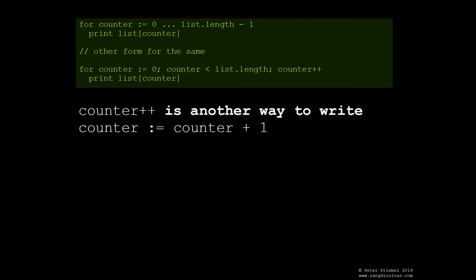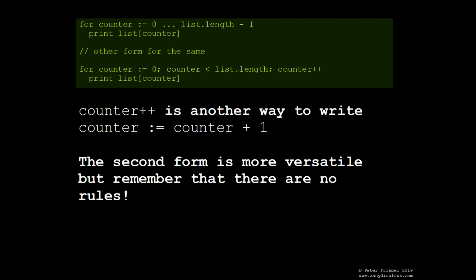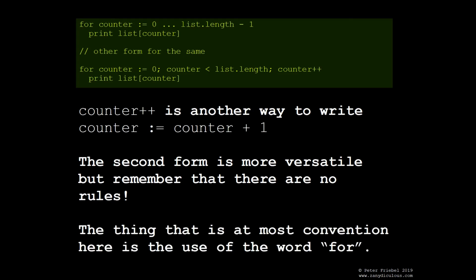Counter ++ is another way to write counter becomes counter +1. The second form is more versatile, but remember that there are no rules. The thing that is at most convention here is the use of the word for.